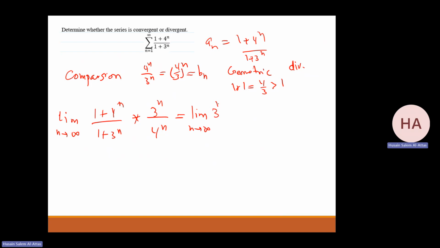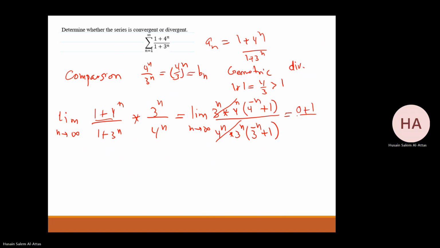I take 4 to the power n as a common factor in the numerator, so I have 4 to the power minus n plus 1. Here I take 3 to the power n as a common factor, so I have 3 to the power minus n plus 1. So these cancel, I have 12 to the power n. And now take the limit to infinity. I have 4 to the power minus infinity, which is 0, plus 1, over 0 plus 1, which is 1.